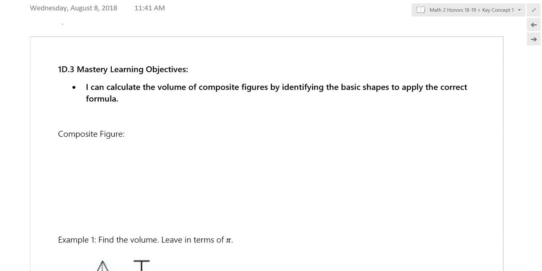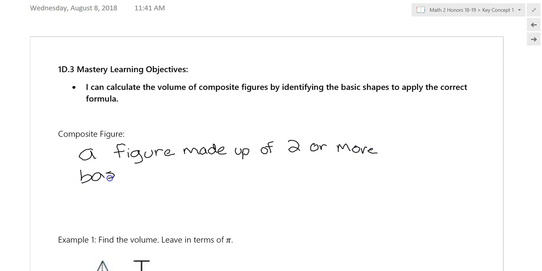So the first thing to know is, what is a composite figure? It is a figure made up of two or more of what we call our basic figures. And the basic figures are the ones we learned in, not KC1, 1D1.